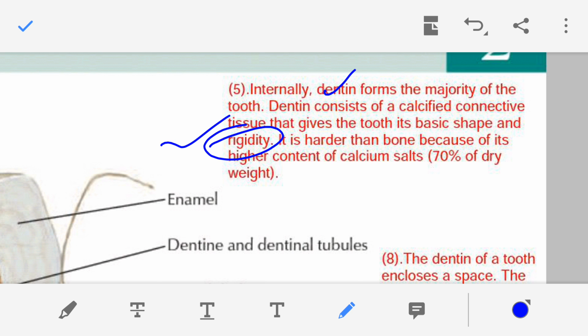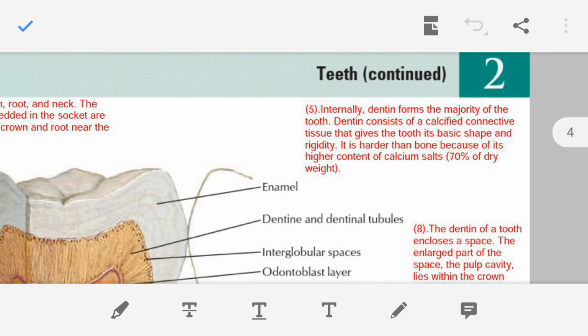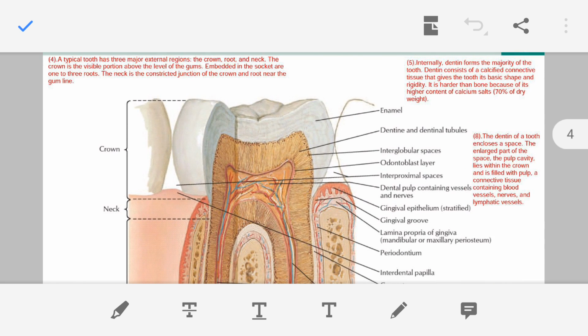Dentine is also harder than bone because it has a higher content of calcium salt. 70% of dry weight means if the weight of dentine is 100%, then 70% of that is the weight of calcium salt. That is the meaning of this.